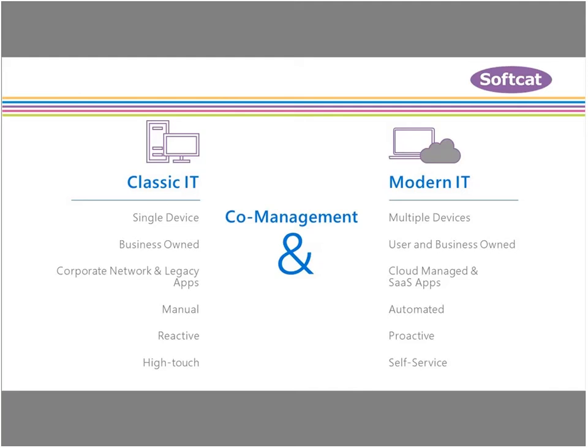Which brings together essentially what co-management is. It's the amalgamation of the two together where it is most appropriate. So if we had a vertical split previously where you decided wholeheartedly whether somebody was classic IT managed or modern IT managed, with co-management you now have the ability to break that down on a function by function basis. So it's a horizontal split.